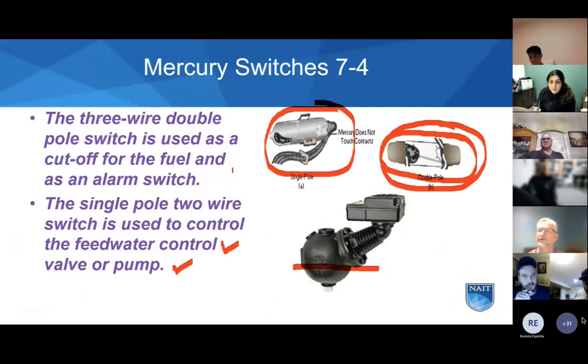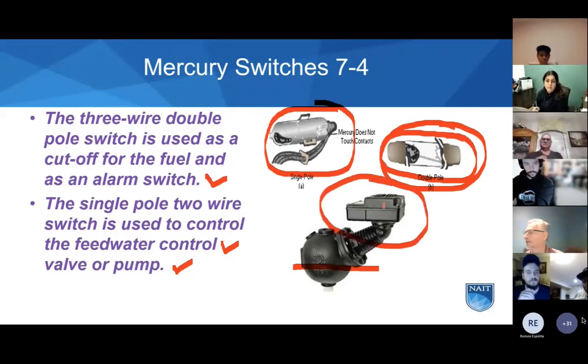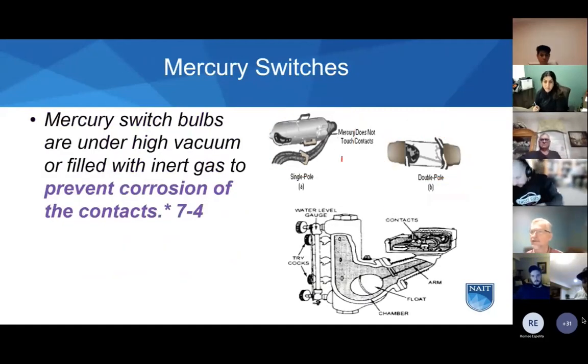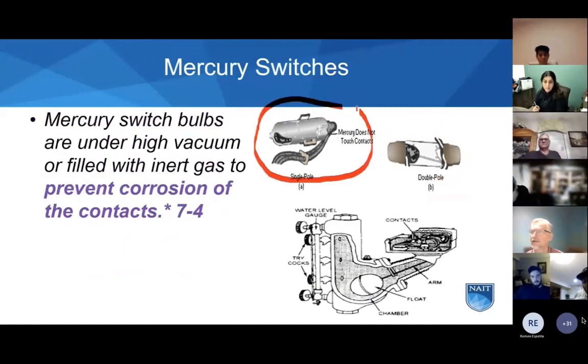A 3-wire double pole switch uses a cutoff for fuel and then another contact for an alarm switch. So it can start a feed water pump. It can open a feed water valve. It can turn the fuel off and on, and it can sound an alarm depending on the arrangement of switches and contacts. And most commonly, it's that mercury switch.